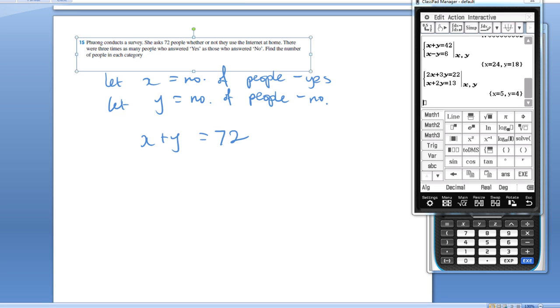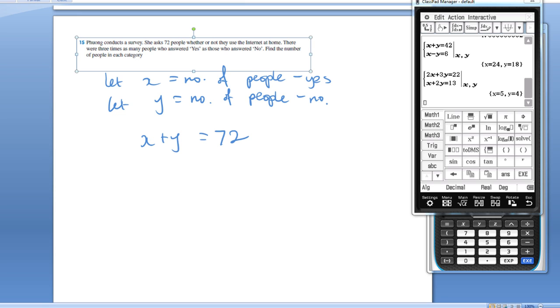There were 3 times as many people who answered yes as those who answered no. Now the temptation will always be to read this and write the equation as it's written, 3 times y, which is 3 times x equals y, but that's not true.